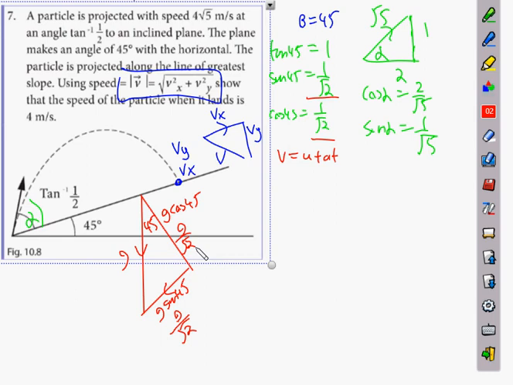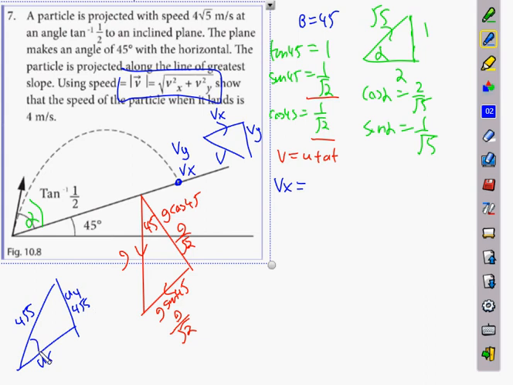Now, we're going to construct our equations. Okay? So, vx equals what, lads? Have I done the projection part yet? No, I have not done the projection part yet. I got to break up my 4 root 5 into its 2 components. 4 root 5 must be broken up into your initial velocity along x and your initial velocity along y. Is that right? Now, this one is going to be 4 root 5.